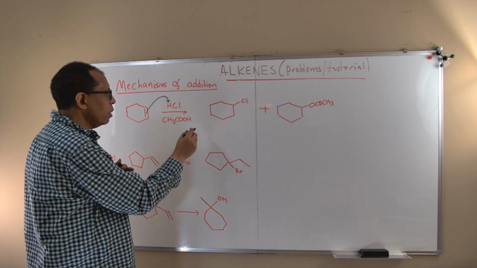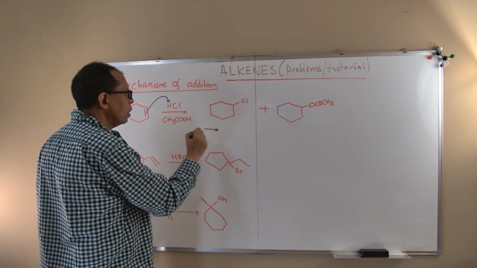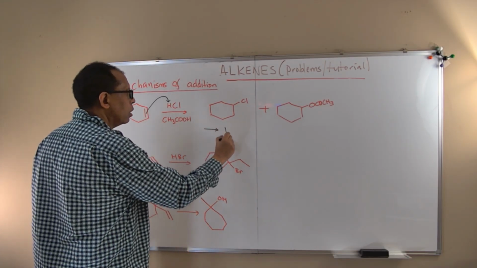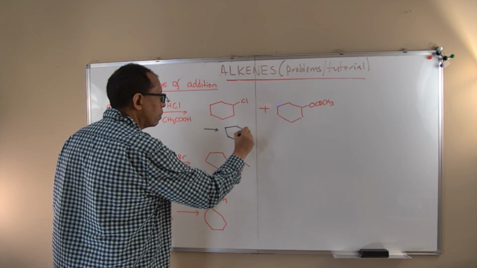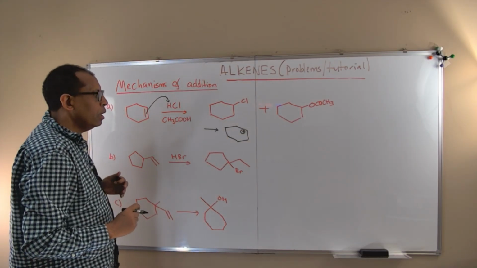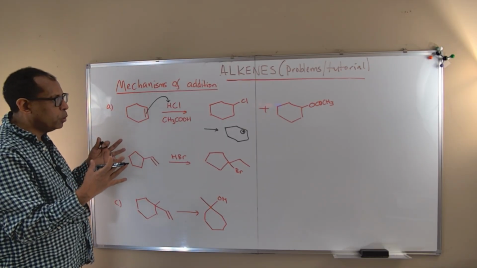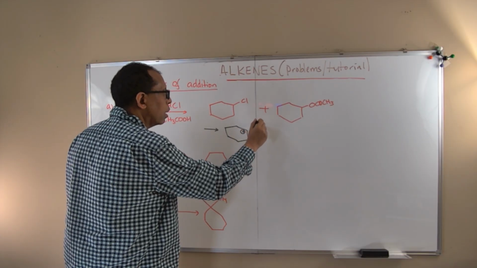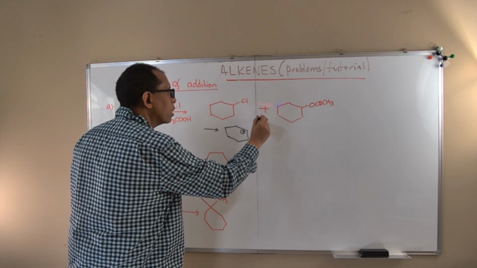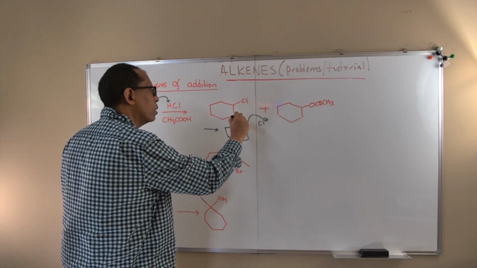The initial intermediate would be a carbocation formed right there. Now the carbocation is a very reactive species. So the Cl- comes in. It's a secondary carbocation. Cl- can come and attack. This is how this one is formed.